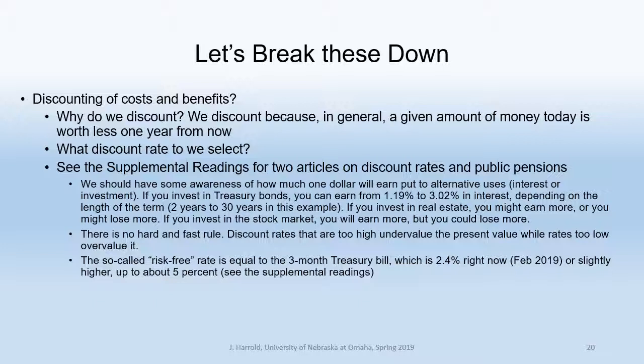You're probably going to take the $1,000 today because you discount the future, because you assume that $1,000 a year from now is not going to be worth as much as $1,000 today. But the question is, how much less is it going to be? And that actually has to do with your discount rate. So what discount rate do we select, right? This actually has some very practical implications.